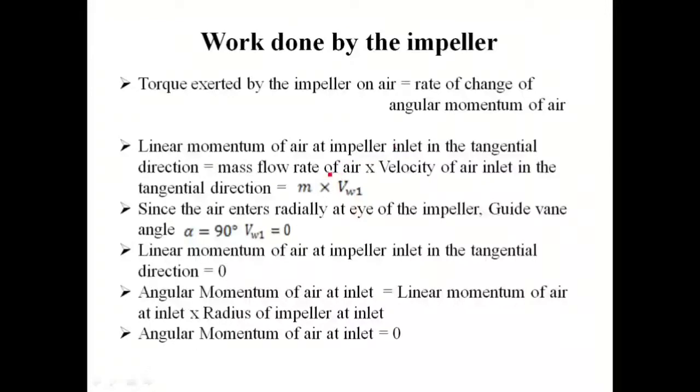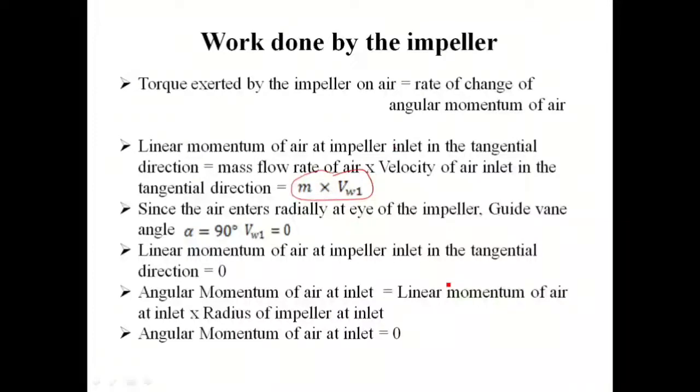So m represents mass flow rate of air into velocity of whirl at inlet, m into Vw1. Since air enters radially at eye of the impeller, guide vane angle alpha is equal to 90 degrees, Vw1 is equal to 0. Therefore, the linear momentum of air at impeller inlet in tangential direction is equal to 0.